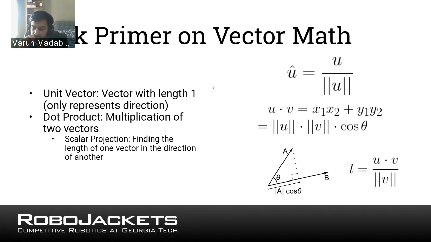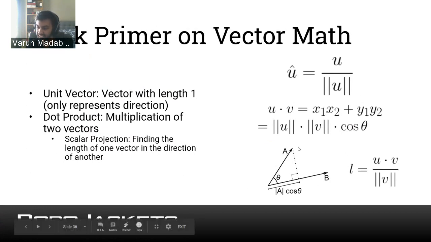And we can use the dot product to do something called scalar projection, which is finding the length of one vector that's parallel to another. And you can kind of see it illustrated in this picture here. If you have a vector A and a vector B, the scalar projection of A onto B is that distance right there.